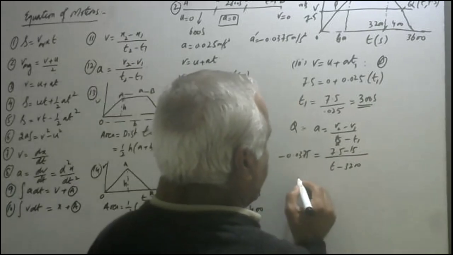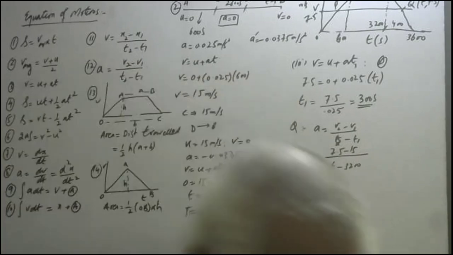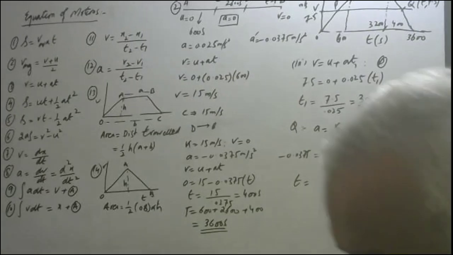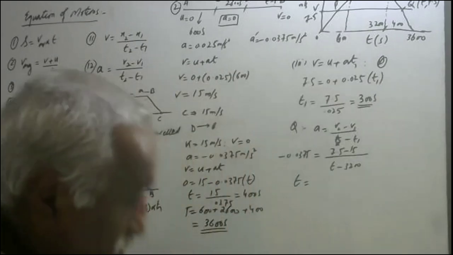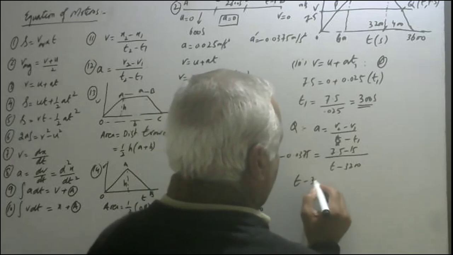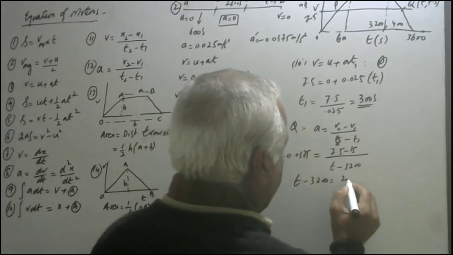This is calculated so that t minus 3200 is equal to 200.